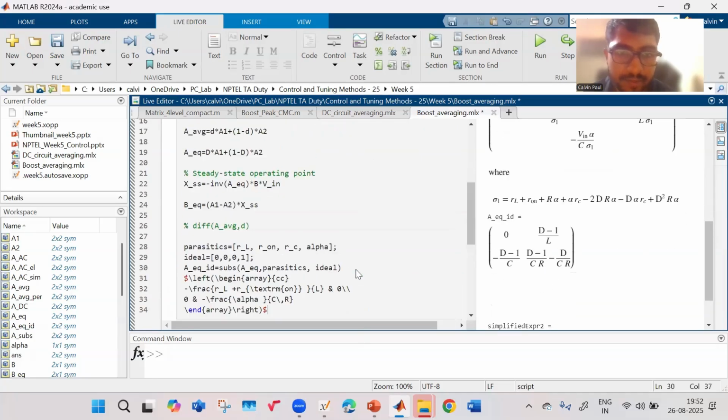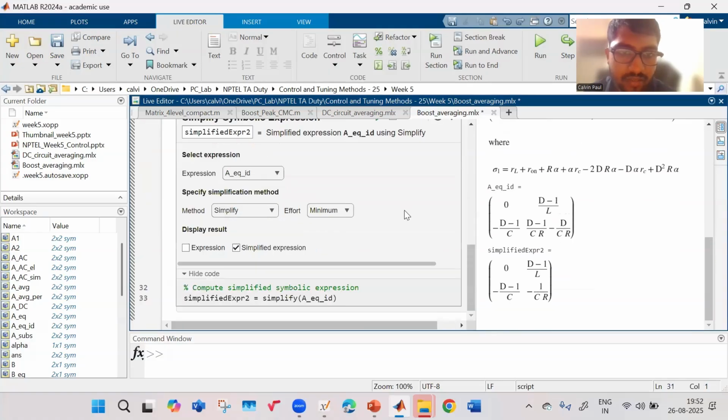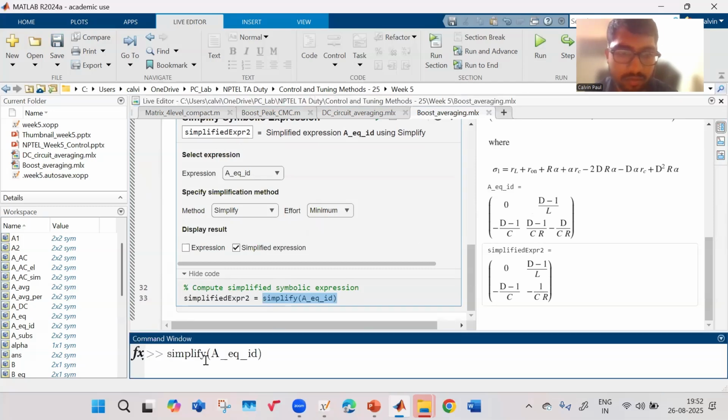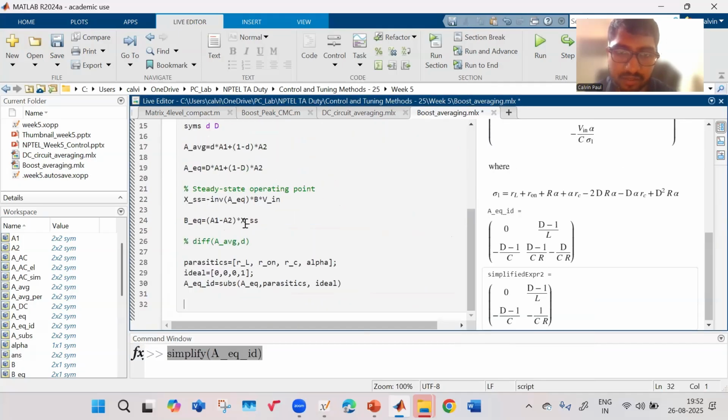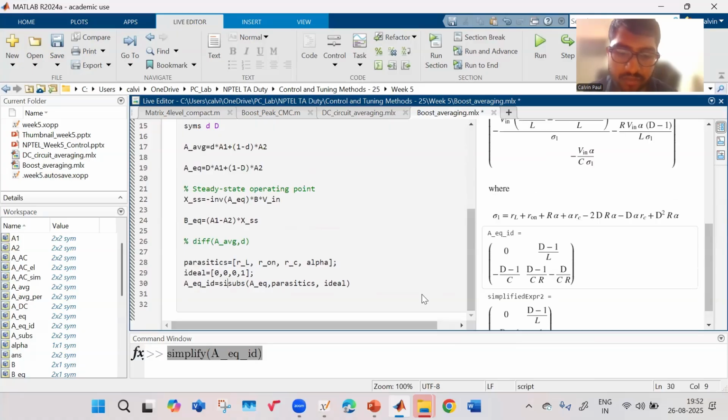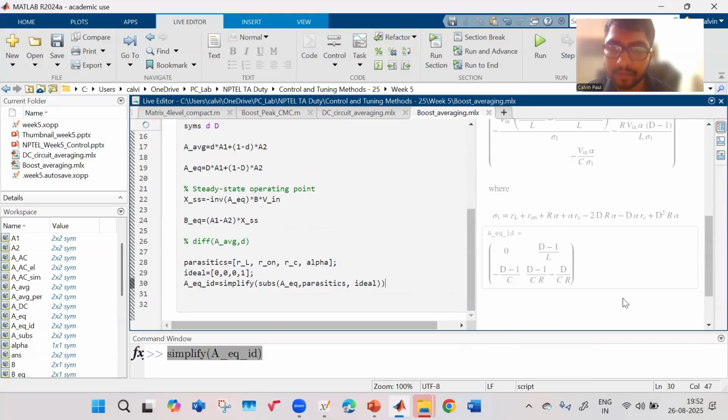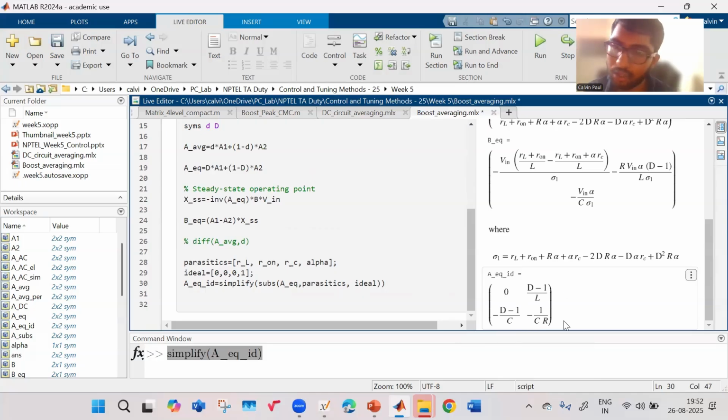So I just have to simplify it. It is doing the math. Okay, it has done it. So for the ideal case, it is matching. So this is good in that case.